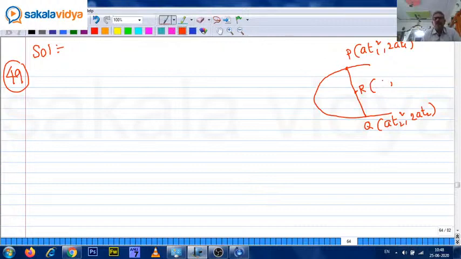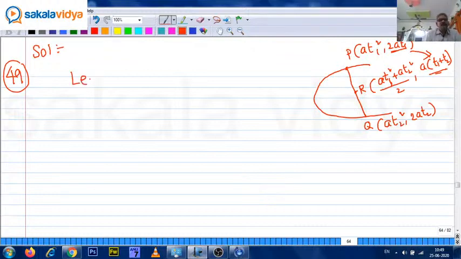So you get at1 square plus at2 square upon 2 comma 2a common, t1 plus t2 by 2, which you can write as a of t1 plus t2. So this is the y coordinate. Product of these two we need to find out.